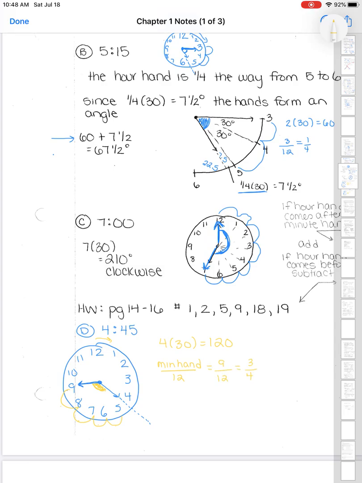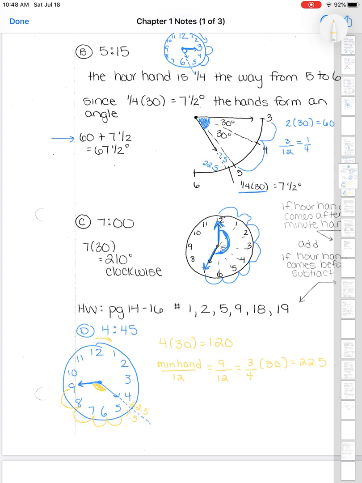Now to figure out what our missing piece is going to be, we take the minute hand and put it over 12. The minute hand is on the 9, so we put that over 12, and when we reduce that, we get 3 over 4. Then you are taking 3/4 of one interval, which is 30. When you simplify, you get 22.5.